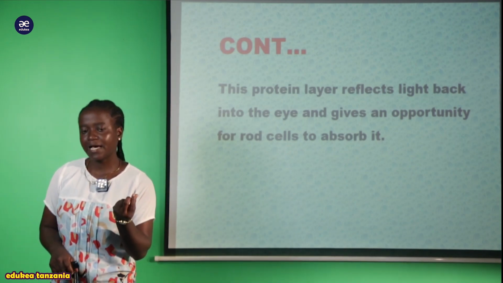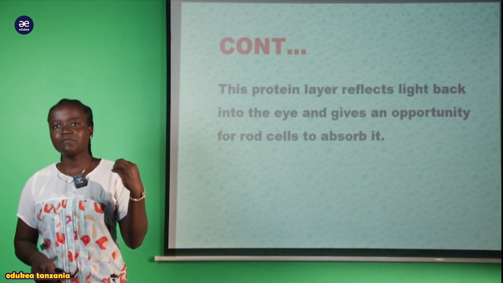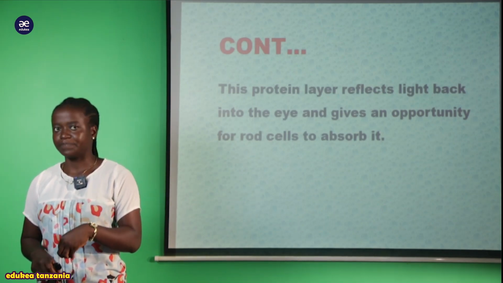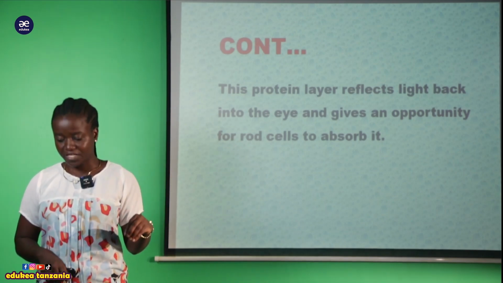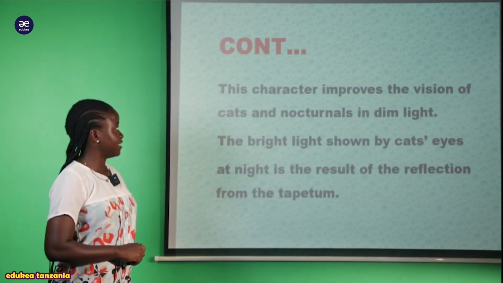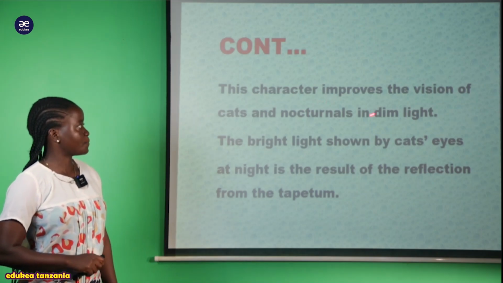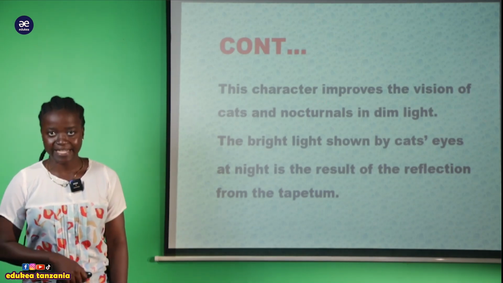So that light which comes from the outside environment is absorbed within the rod cells, which are found within the retina of this organism. So now we can say that this character improves the vision of cats and nocturnal animals in dim light.